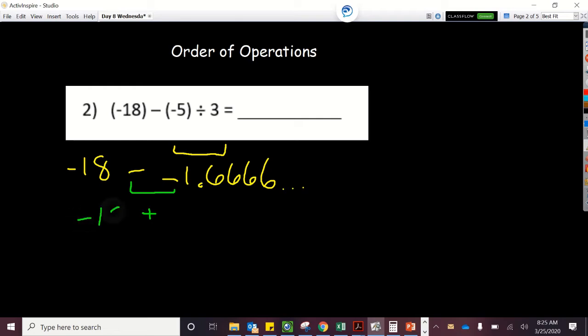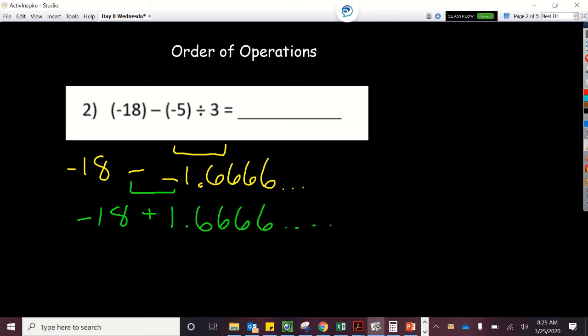So this is negative 18 plus 1.6 repeating, right? If you do that in your calculator, you can type in that 1.6 as much as you can, or if you left it in your calculator from when you did that division problem, it will actually recognize what that repeating decimal is.